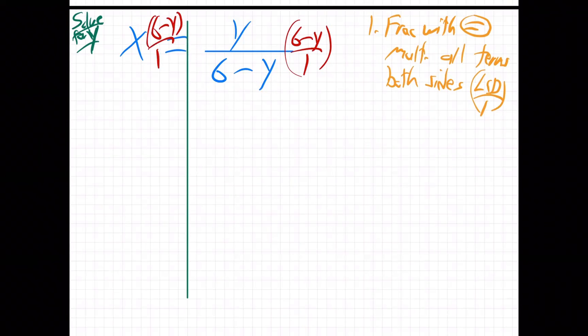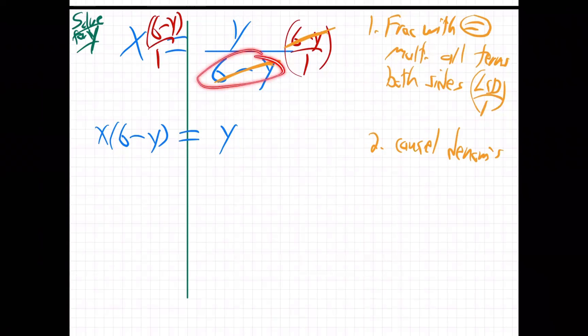And then step 2. Cancel. So these guys will cancel. So what are we left with? This side, it's x times 6 minus y equals y.